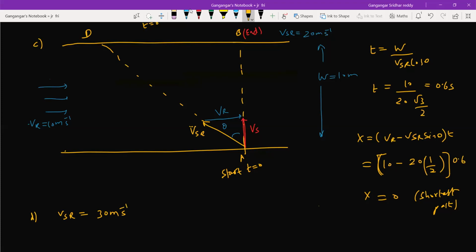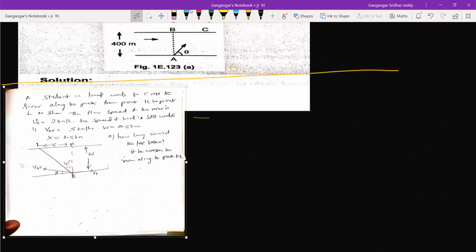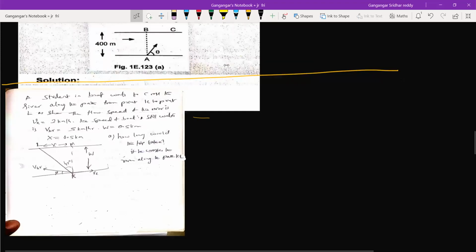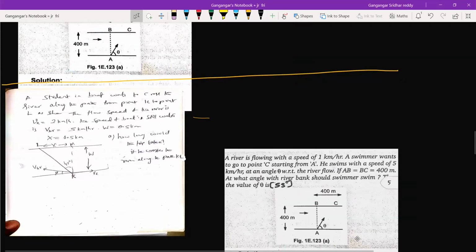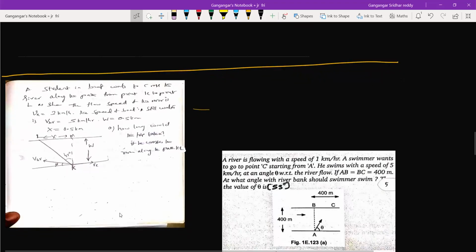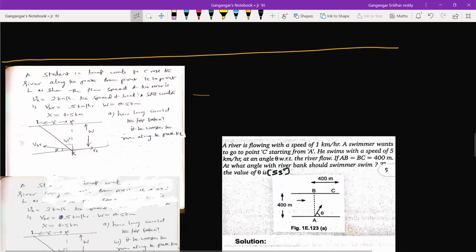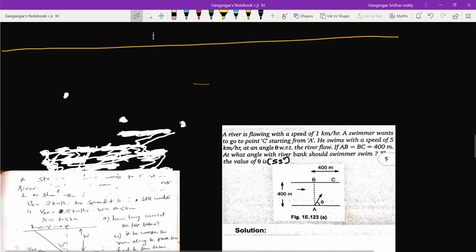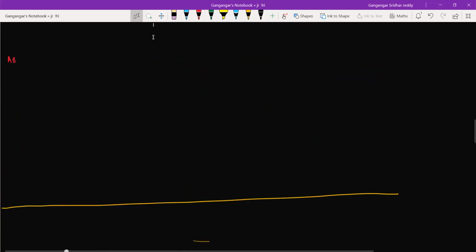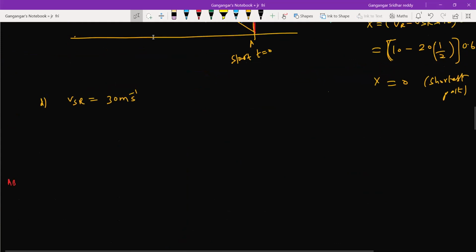Okay, look at all the things. I'll scroll down. We'll go for the last case, VSR.